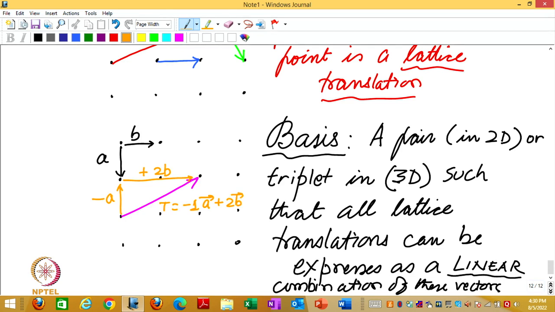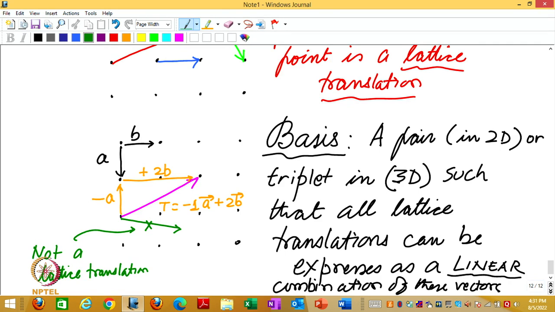When I gave the example of lattice translation, I should give some counter example also, vectors which are not lattice translations. Suppose I start from a lattice point and end here, this will not be a lattice translation. This will not take me from a point to a translationally equivalent point, it is not guaranteed. So, I should not insist that I am in an identical environment if I translate myself by this vector.